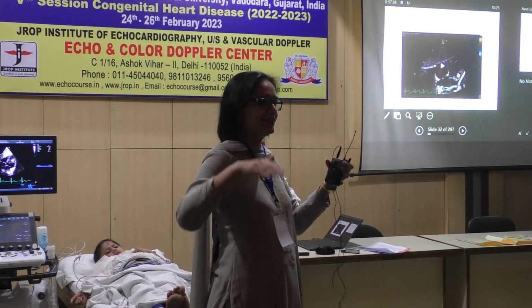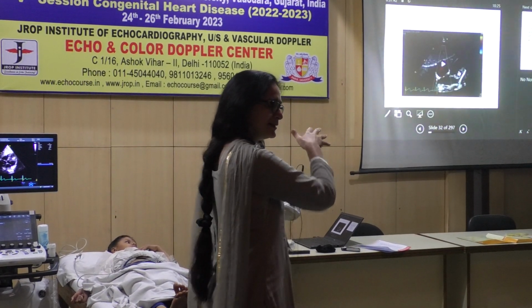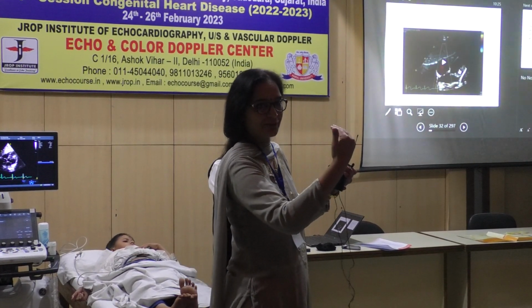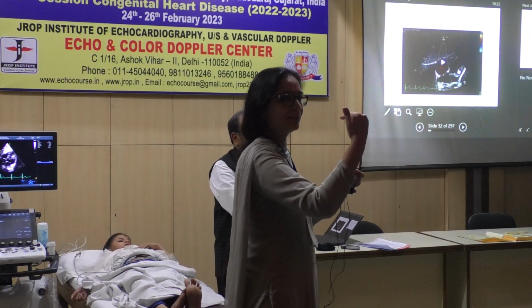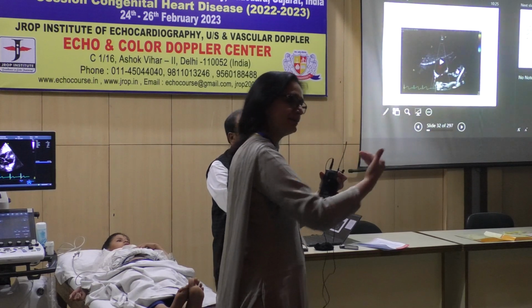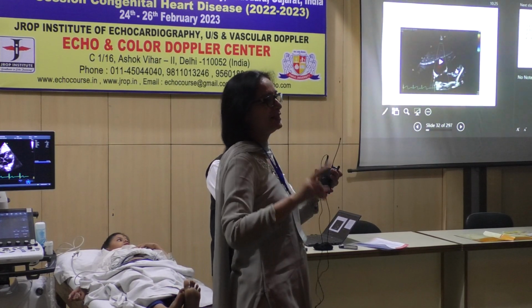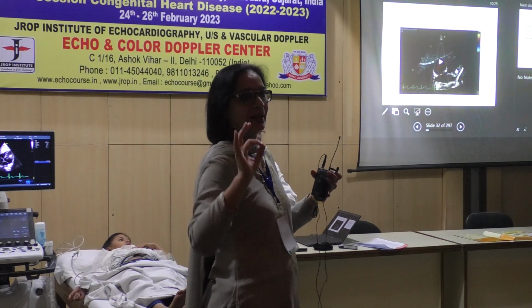Otherwise, with situs solitus or situs inversus, as I said, the suprahepatic part of the IVC is very clear. The suprahepatic IVC and Eustachian valve join the right atrium, and the most consistent morphological feature to define the atrium is the appendage.